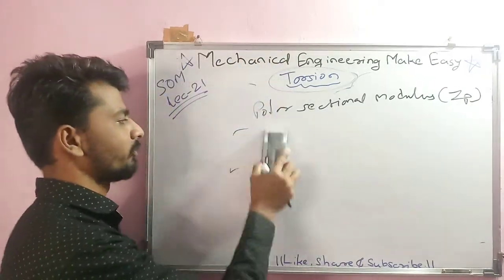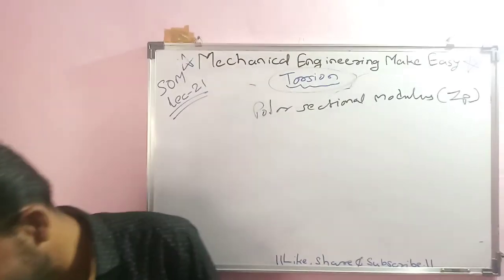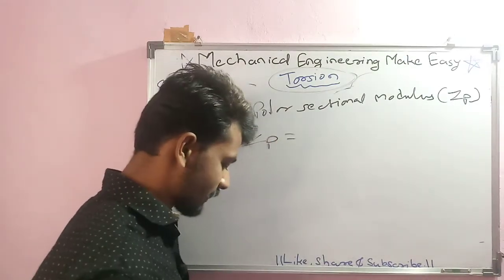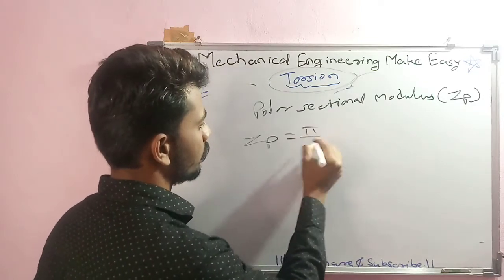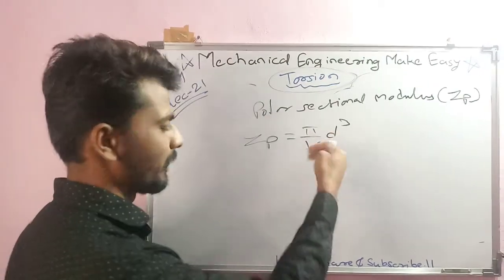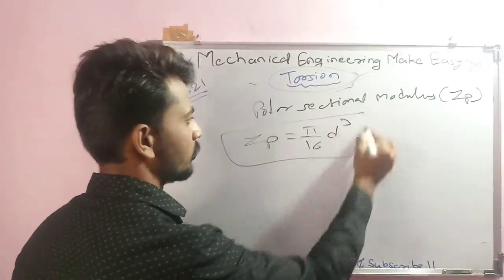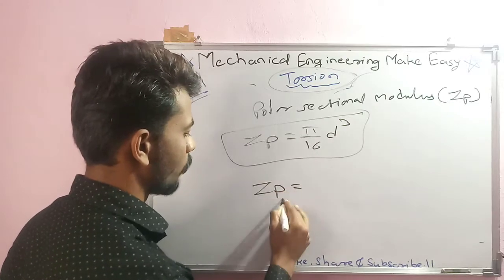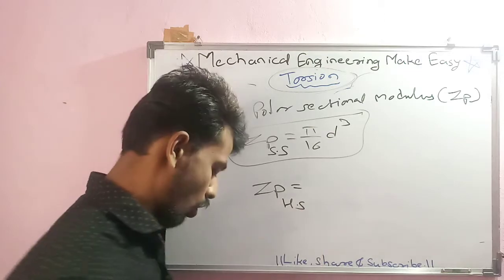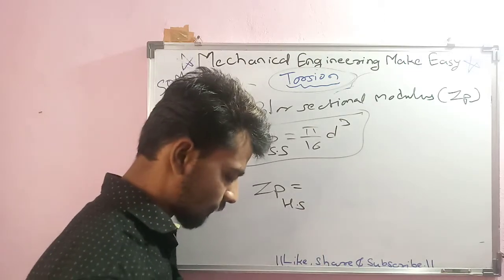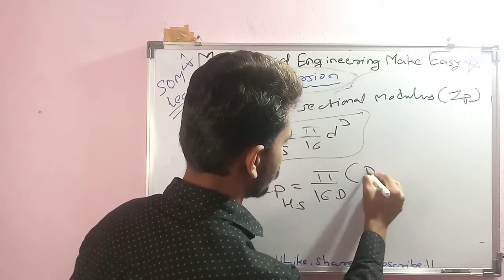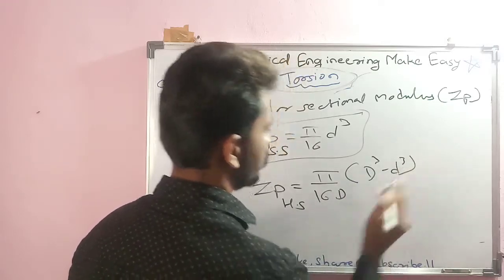For that ZP we have one or two standard formulas. In case of a solid shaft, ZP equals pi by 16 d cubed. Simply I have manipulated the formula and got this one. Then ZP for a hollow shaft becomes pi by 16 capital D into capital D cubed minus small d cubed.